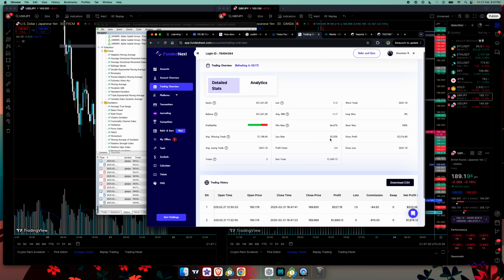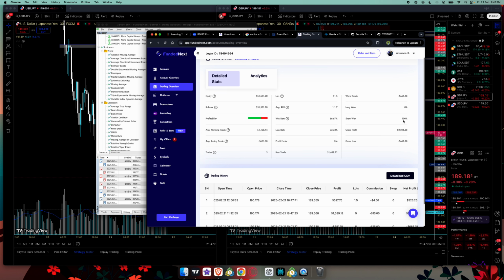Loss rate is 33.33. Profit factor is 3.4. Best trade is $1,689, and worst trade is $651, which was the first trade of the day, the losing one. We basically took short positions in GBPJPY.